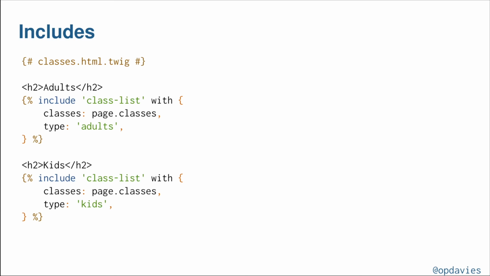I extracted the list markup into an include called class list, and then just pass through the classes and the type dynamically. So all the static markup has stayed the same inside one partial, and I just pass through the dynamic stuff. So again, we've only got one instance of this class list. So if you wanted to change both lists at the same time, we could just do that inside our one template.